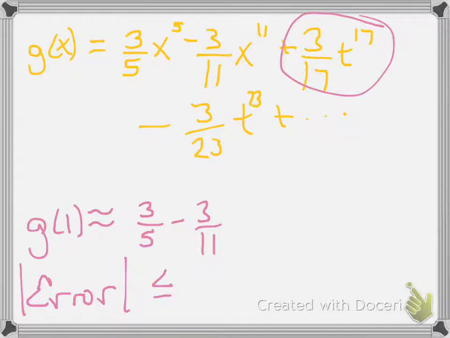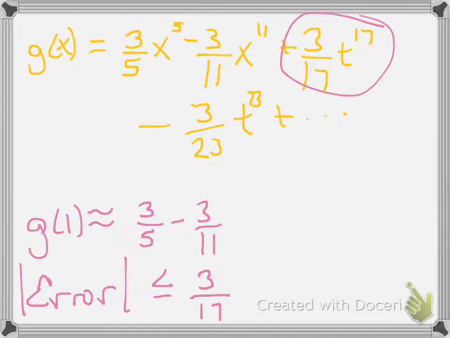So the error in our approximation has to be bounded by 3/17, the first term that we left off. That's what the alternating series estimation theorem tells us.